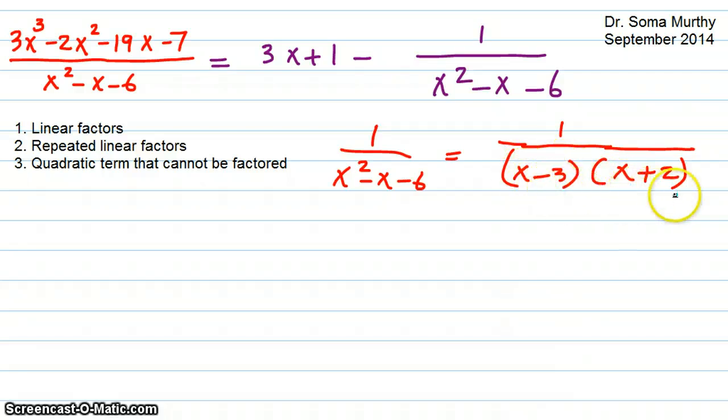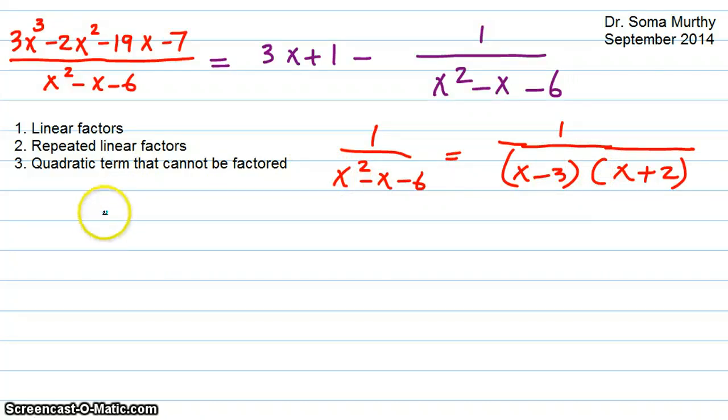X minus 3 and x plus 2 are two linear factors, and we will also deal with examples where I have repeated linear factors and also a quadratic term that cannot be factored. Those examples we'll handle in the next videos, but in this one we'll just deal with how to decompose this particular rational function with just the linear factors.